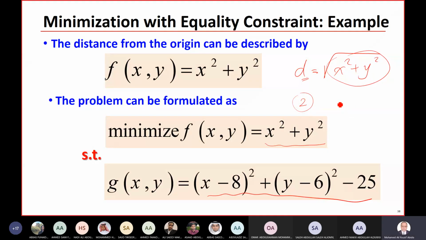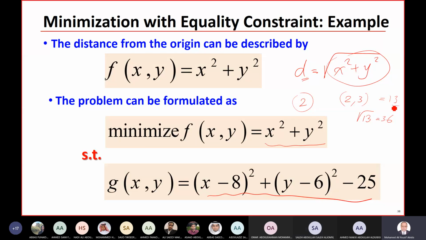For example, if we take x = 2 and y = 3, then 4 + 9 is 13, and the distance is the square root of 13, approximately 3.6.